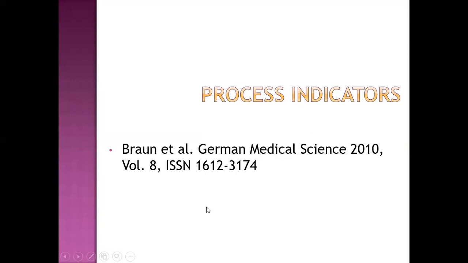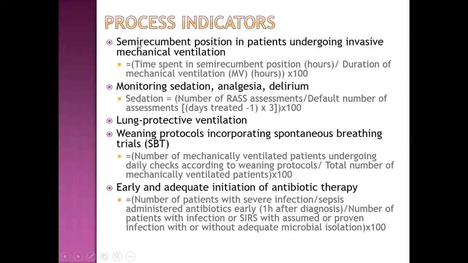Then process indicators as described by this author in this article include: one is semi-recumbent position in patients undergoing invasive mechanical ventilation. The second indicator is monitoring sedation, analgesia, and delirium. Third indicator is lung protective ventilation.